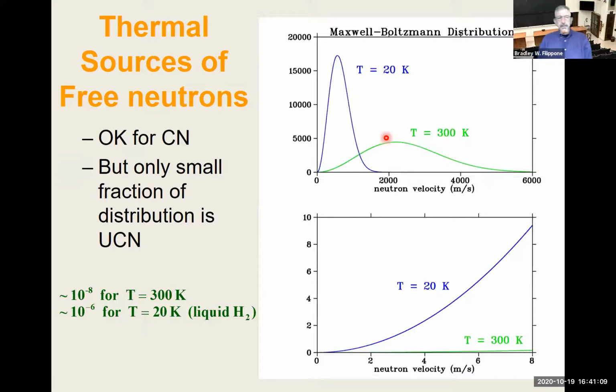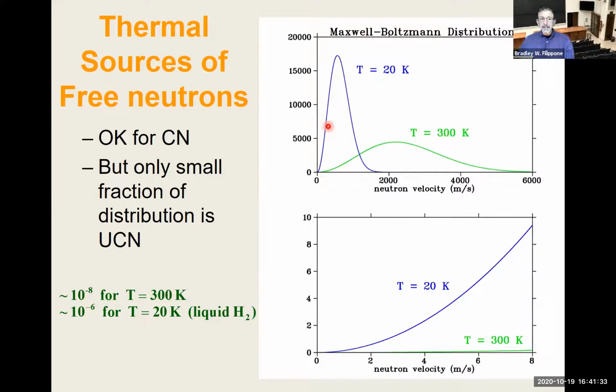So I'm summarizing the Maxwell-Boltzmann distribution for sources of free neutrons. If you're getting your neutrons from a thermal distribution, this works reasonably well for cold neutrons, because you can get a fair bit of cold neutrons in this range here at the low end of the 20 Kelvin moderator.